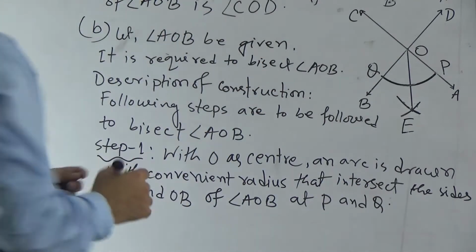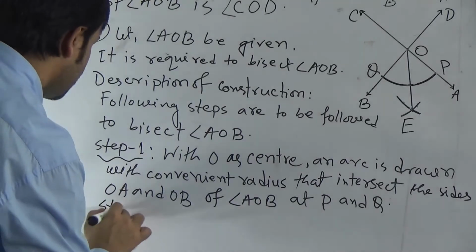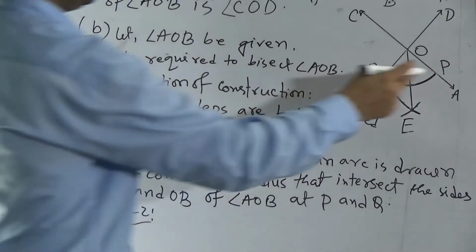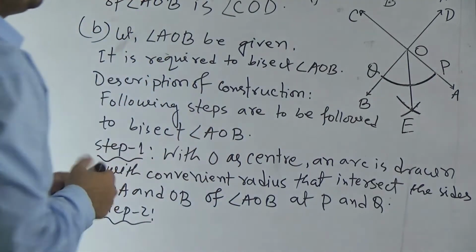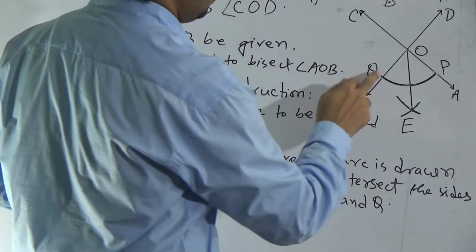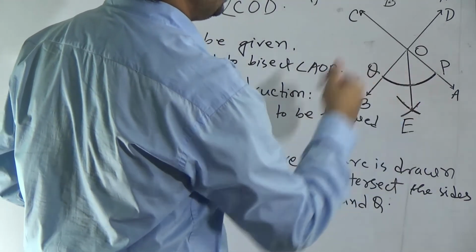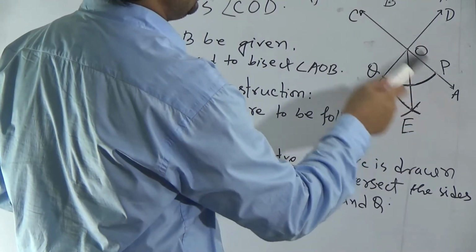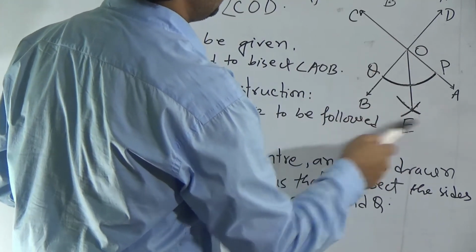Now the next step, step 2. What have we done? With P as center, with radius more than half of length PQ, draw an arc in the interior of angle AOB. It means this arc is drawn.